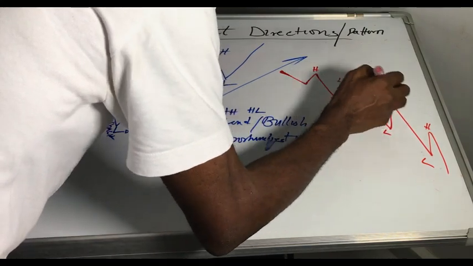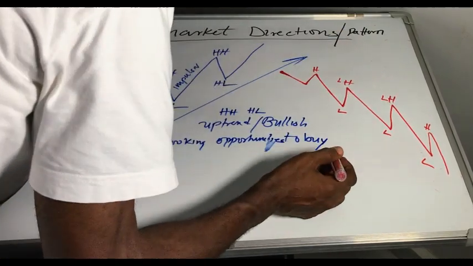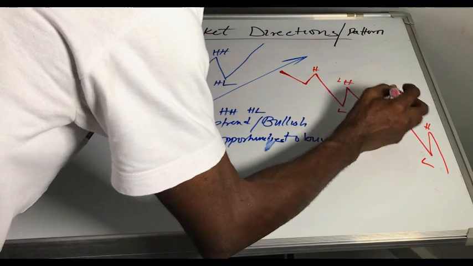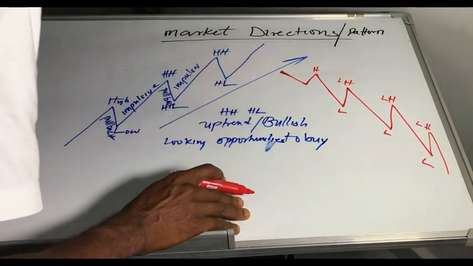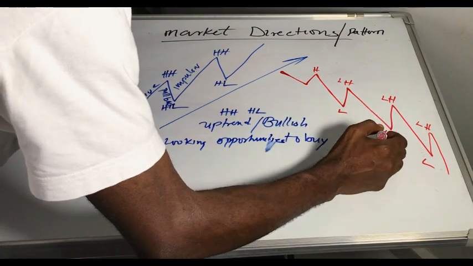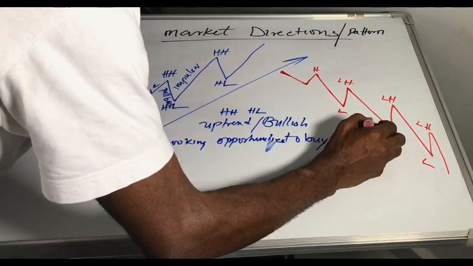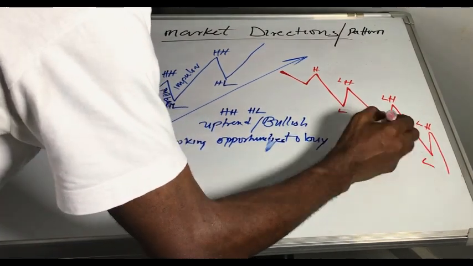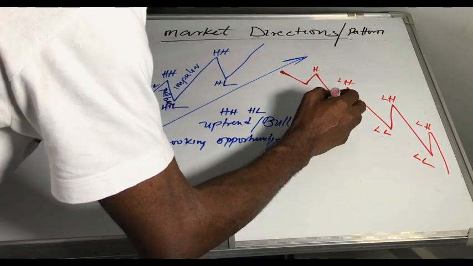This is high, this is high. This high is lower than this high, it's called a lower high. This is high, this is high. This high is lower than this high, it's called a lower high. Then this is low, this is low. This low is lower than this low, it is called a lower low. This low is lower than this low, it is called a lower low.